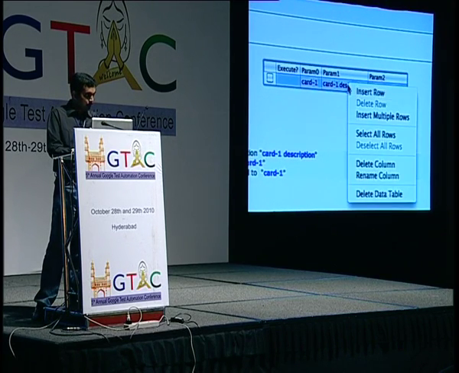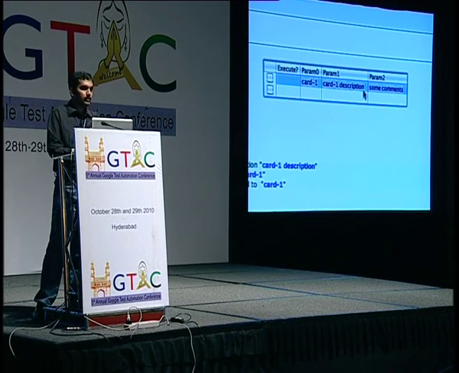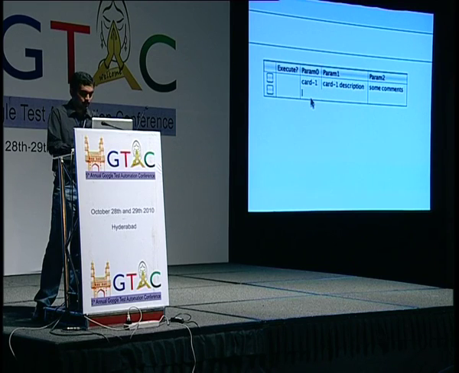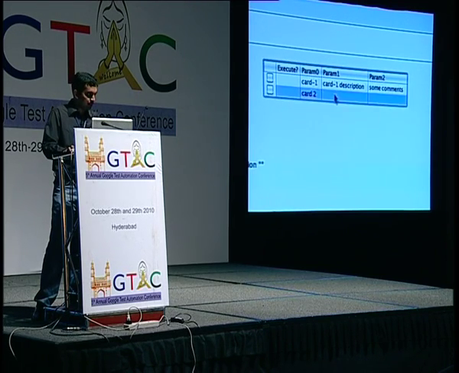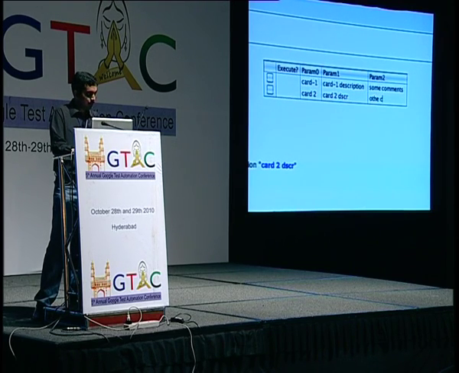Let me add a new row to this. By the way, if you've been following what I've been trying to do, this is equivalent to saying add a new scenario, right? So let's say that I just have card 2. I have card 2's description, and other comments. Doesn't matter.